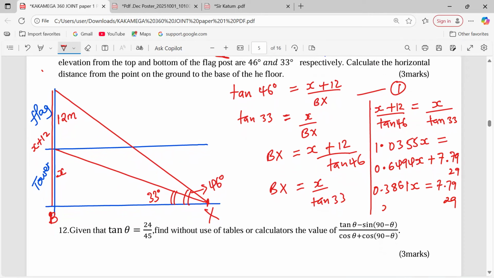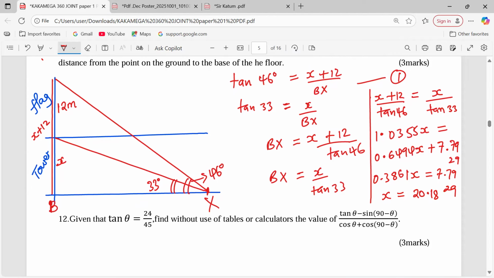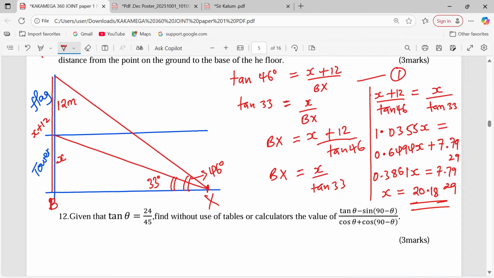So now to get x, we can divide through by 0.3861. So we divide 7.7929. I'm getting 20.18. X is 20.18. Let's check that.